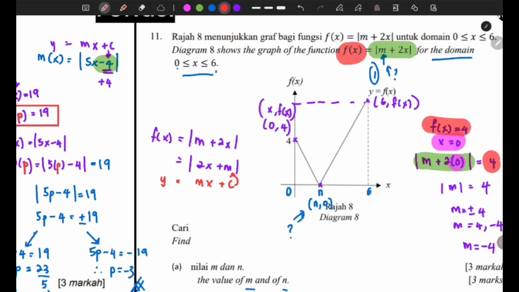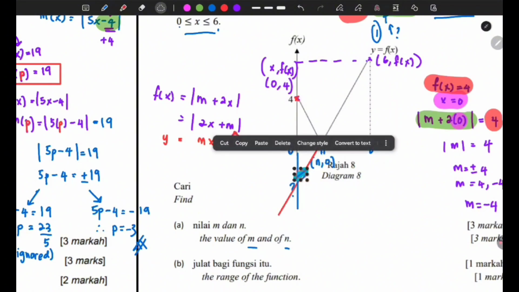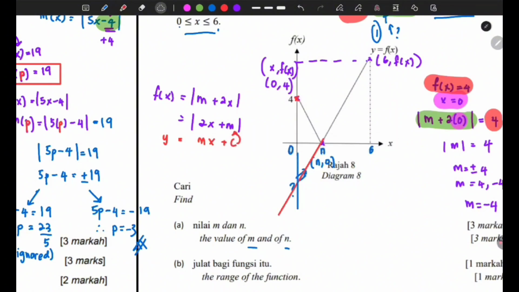This is the y-intercept if with the modulus, but your equation generally doesn't have a modulus. If there's no modulus, your graph, instead of going to positive 4, will actually go down like this and intersect here, on the negative side, negative 4.